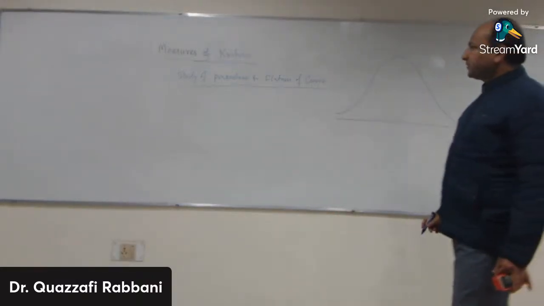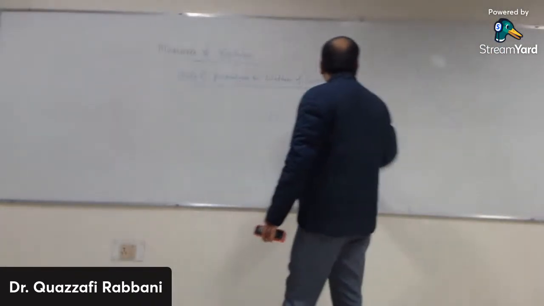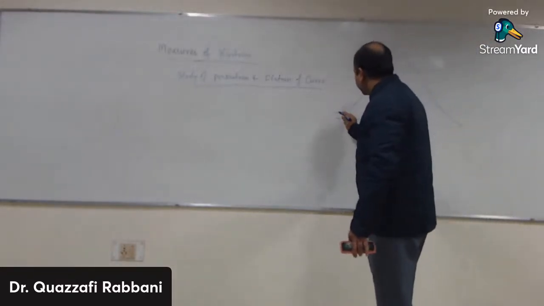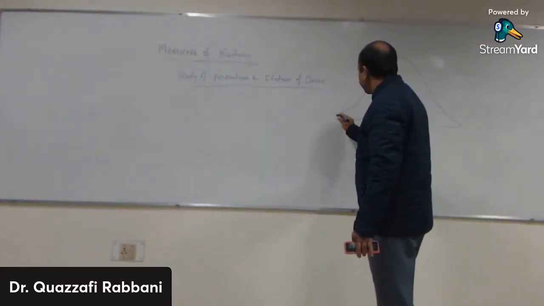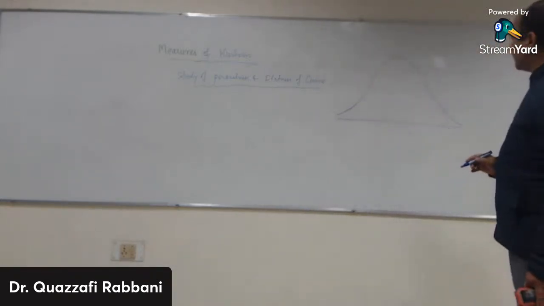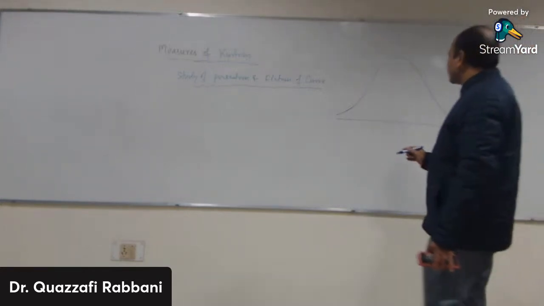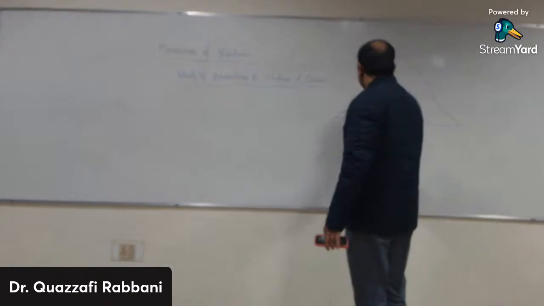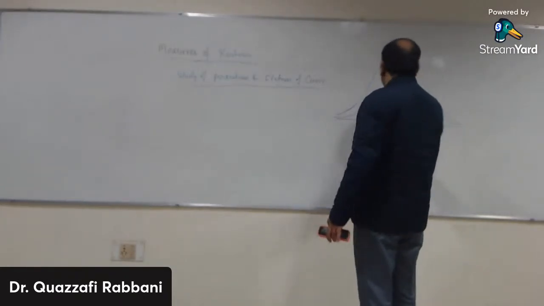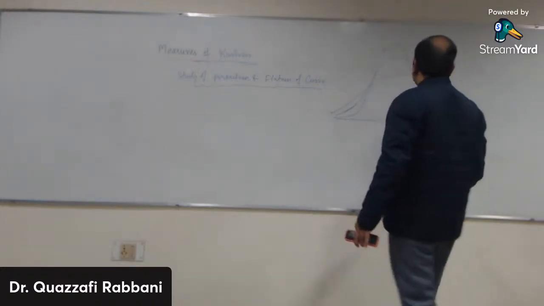There are three types of kurtosis, which we can show by changing the scale. So this is the one, and this is like this, and this is.